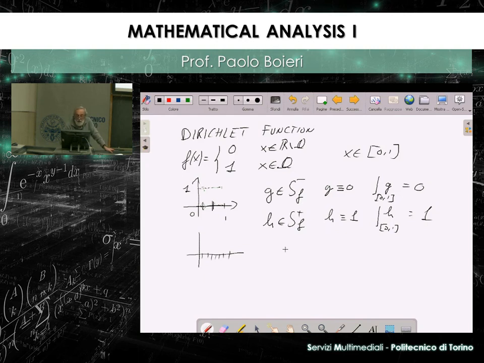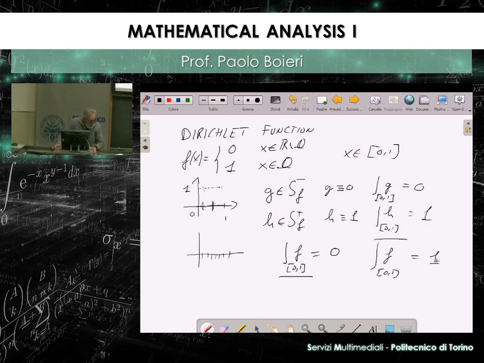And then the lower integral for my function is 0. The upper integral, being always the integral of a function that is 1, is 1. Okay? And then a function of this type is not integrable. There is no integral for this function.